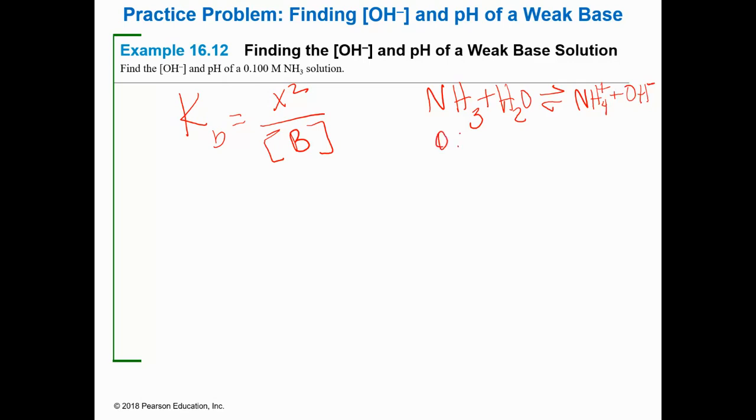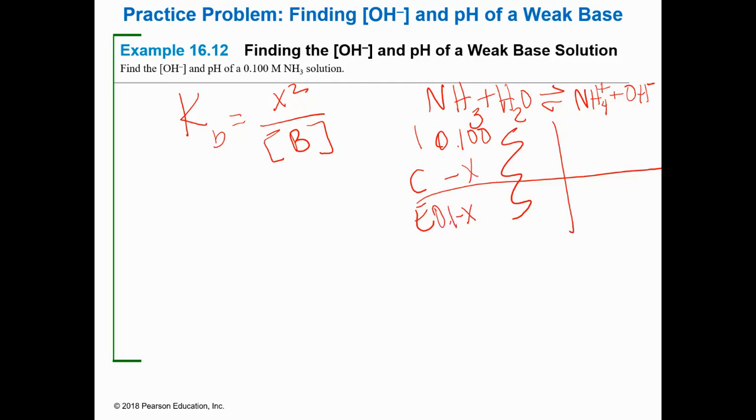And remember when we do our ICE table, I don't care about water, minus X, 0, 0, plus X, plus X. So this is just going to be X squared over that initial value because we're going to ignore our 0.1.